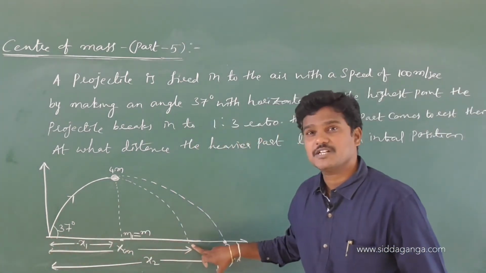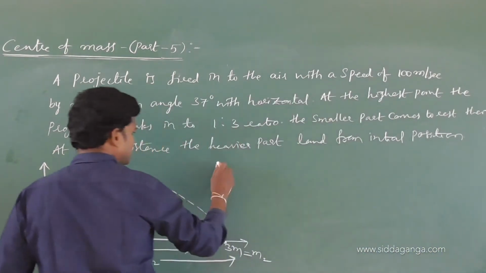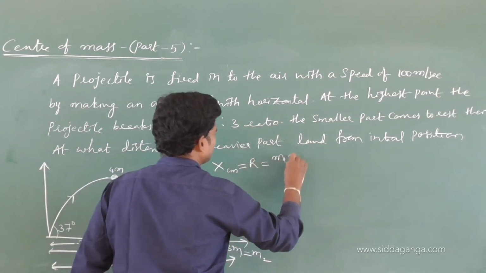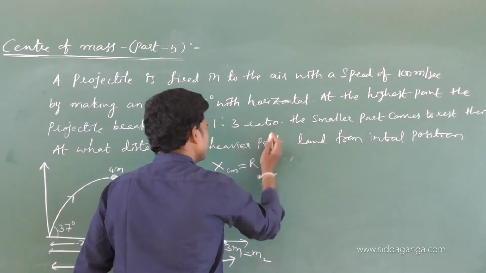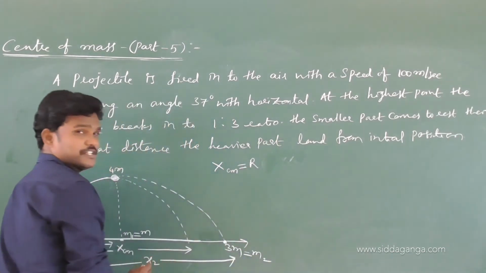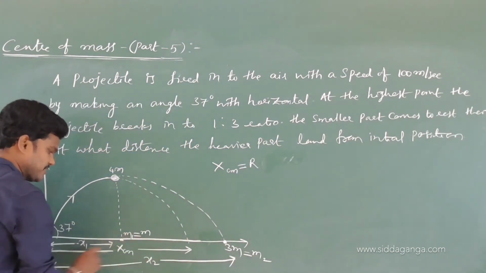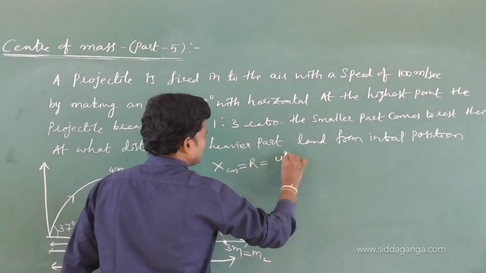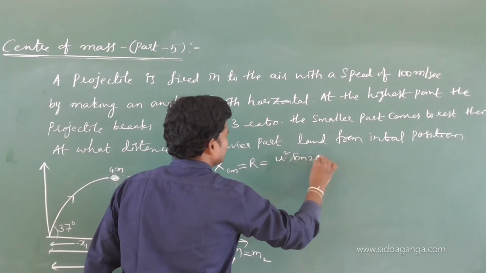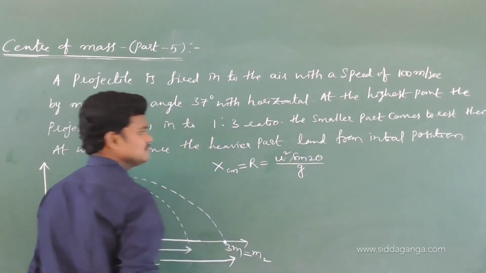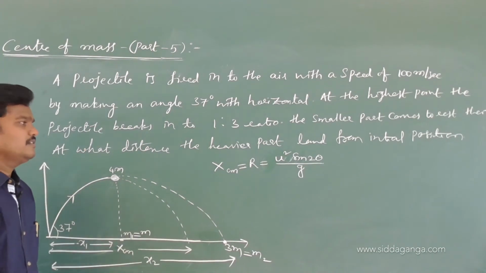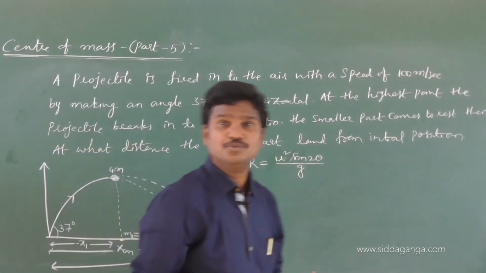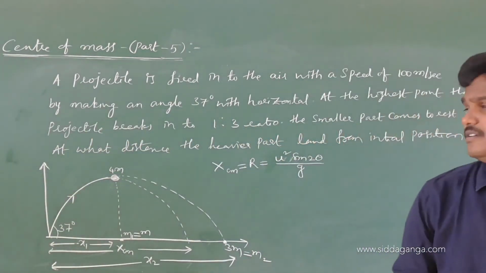The range formula is u square sine 2 theta by g.